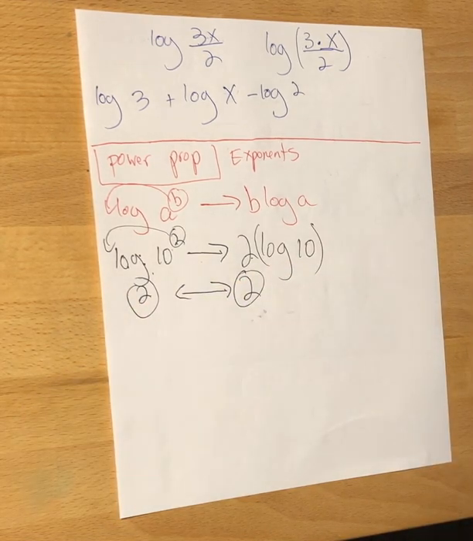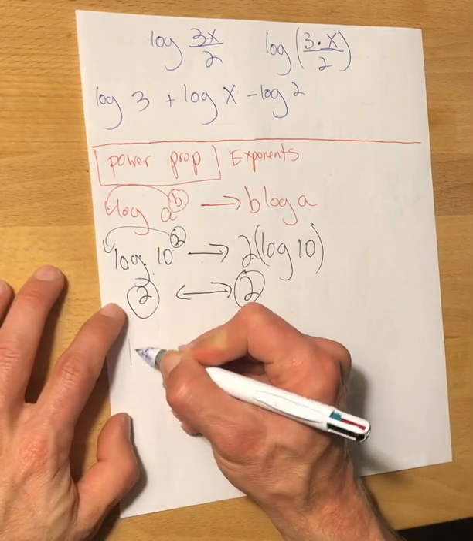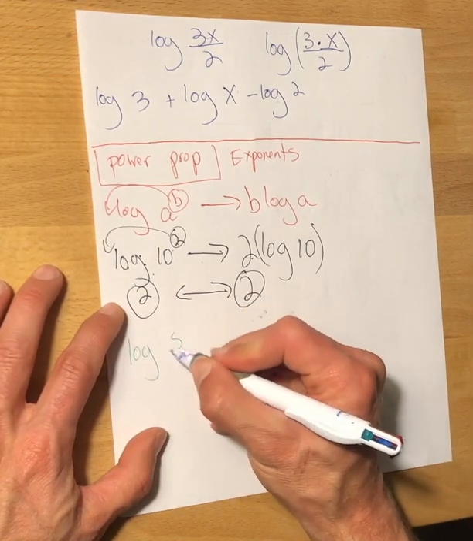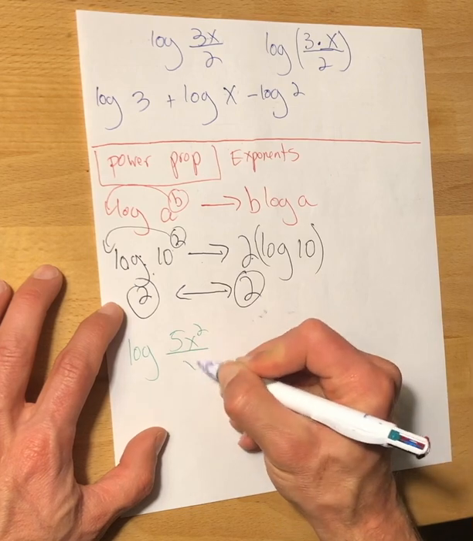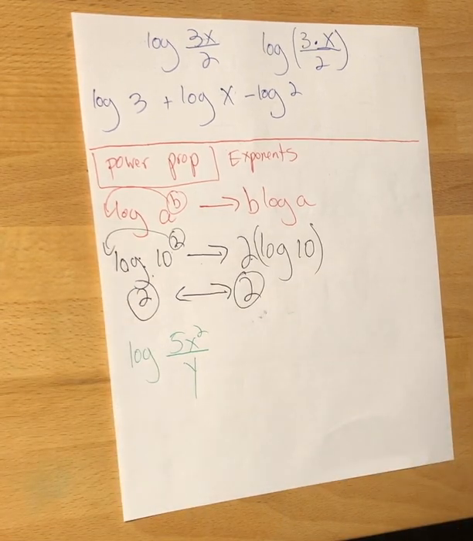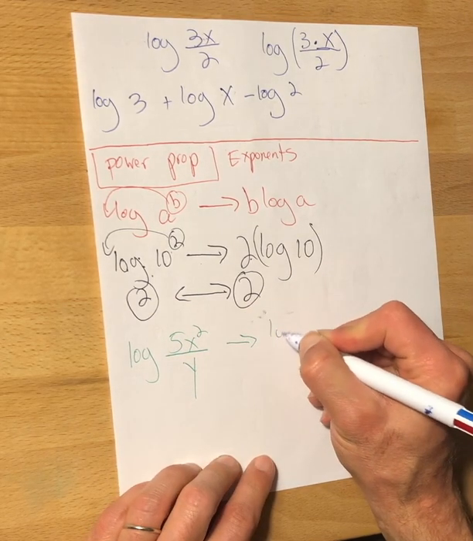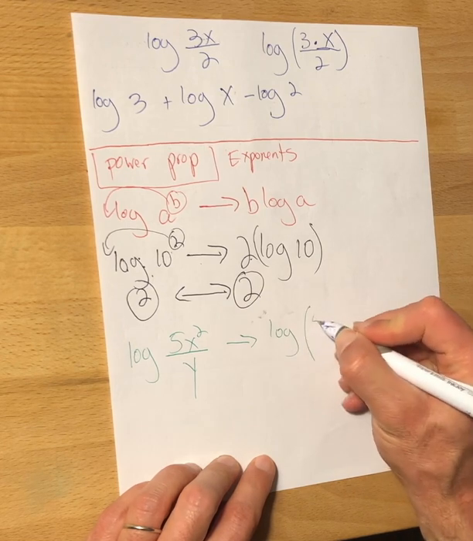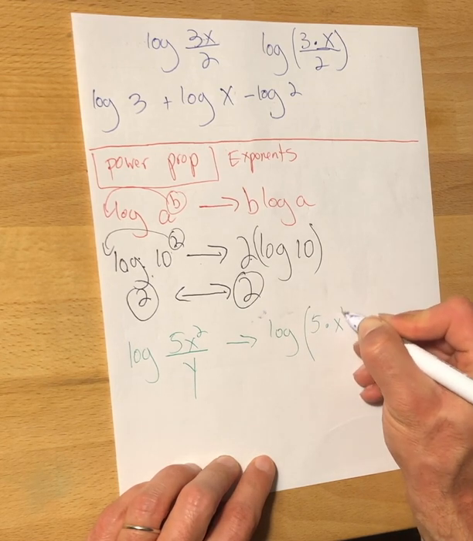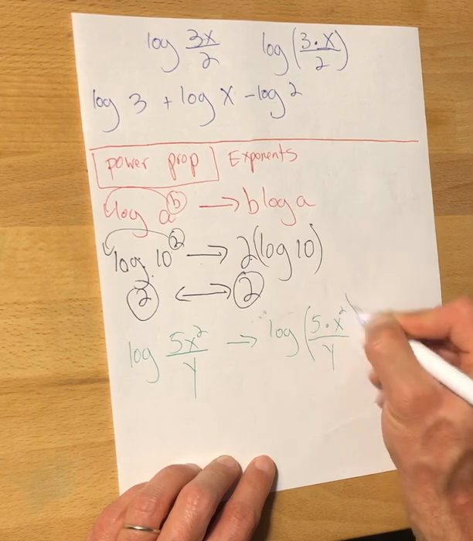See? They're exactly the same. Then I have you take this and expand it. Pause the video, see if you can take this and expand it. All right, you should have understood that this was the same thing as log 5 times x squared over y.